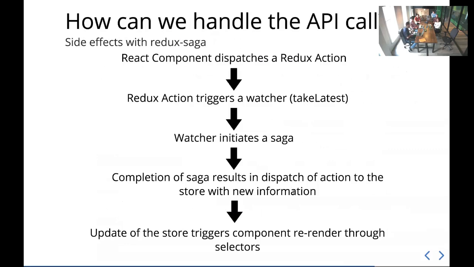Then with the information, it dispatches an action to the reducer, and the reducer puts it into the store for us. And once again, any changes to the store are sensed by our front end, which shows the data.